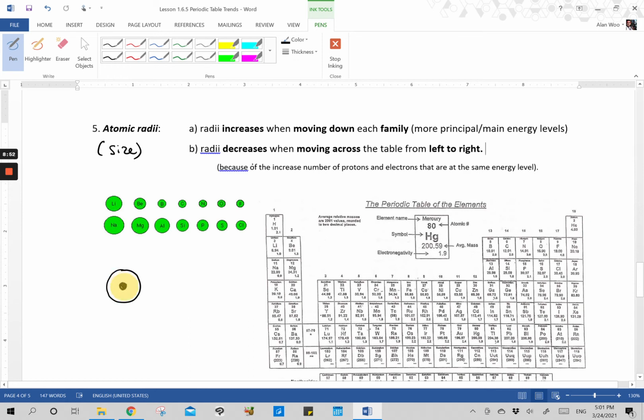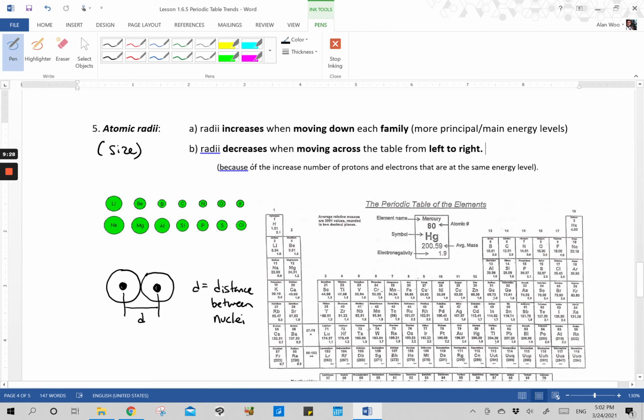So if this is some kind of random atom, okay, with a nucleus, if we have another atom that is exactly the same, it would also have its own nucleus. If we can measure the distance between nuclei to nuclei, okay, let's say that this is your distance. So d is the distance between nuclei.